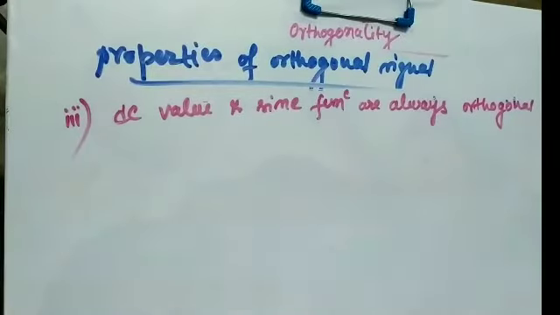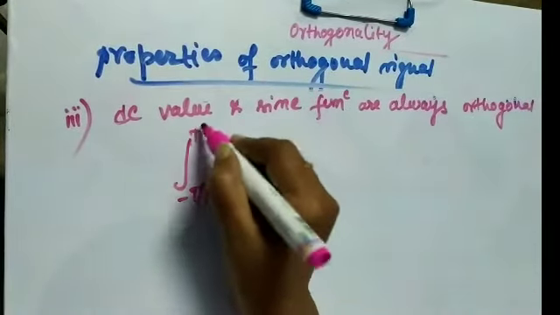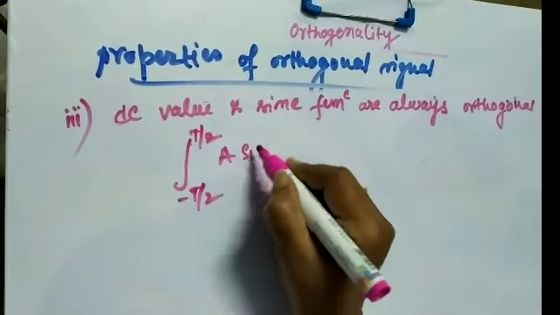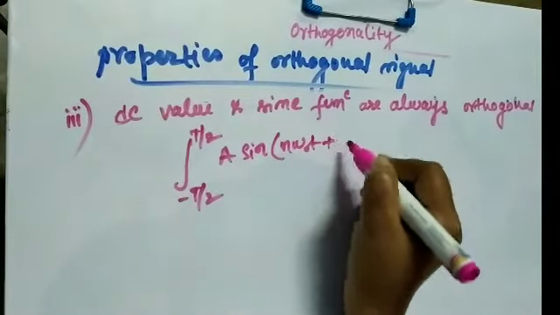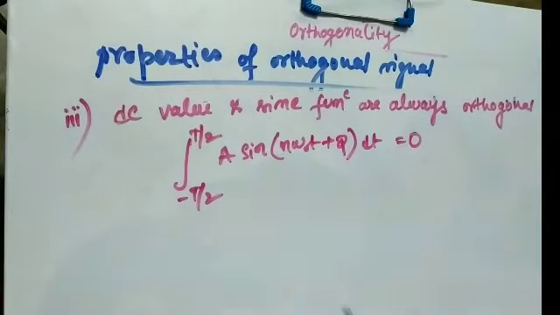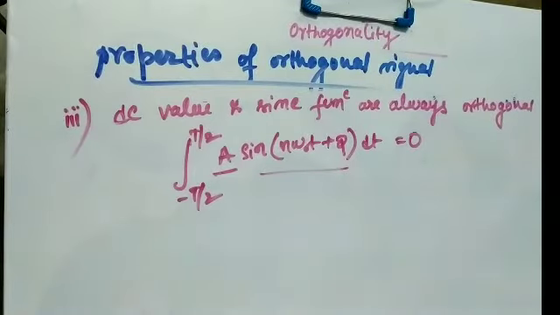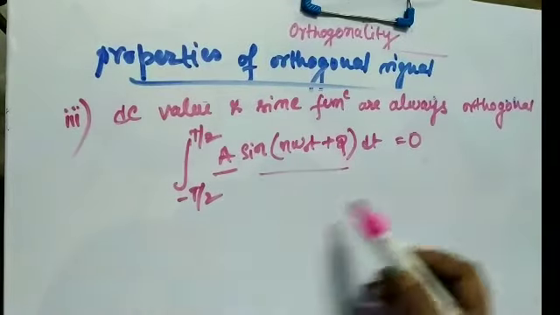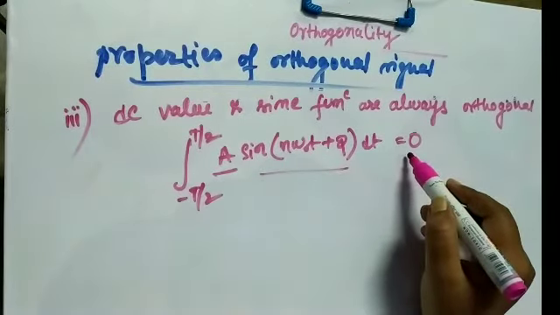This means integration over this time period of a DC value and a sinusoidal signal is always 0. Here A is a DC value and it is a periodic signal. And if you integrate these two quantities over this time period, its value after integration will be 0.